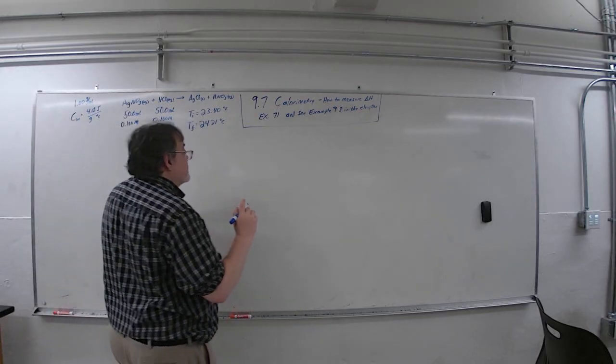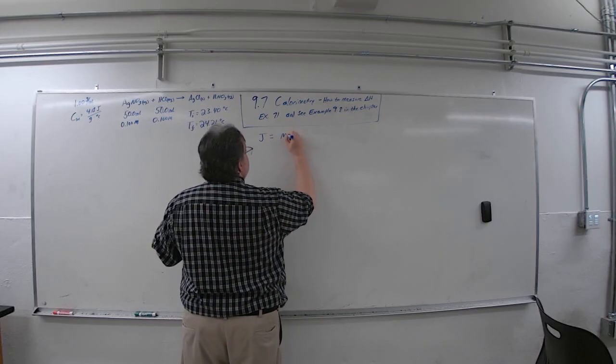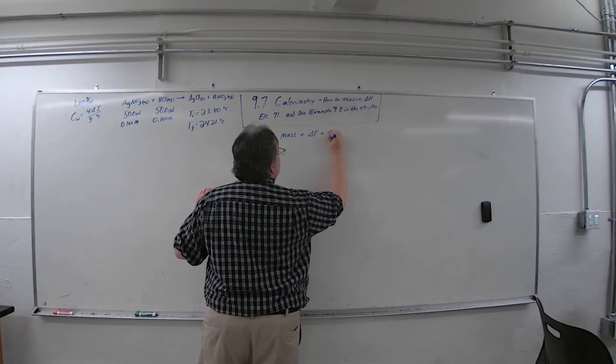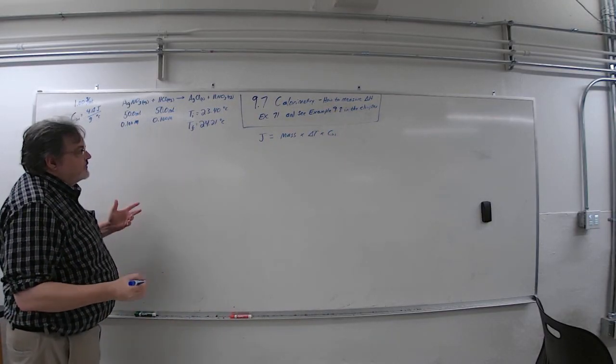What you need to know is the calculation to find the joules is mass times delta T times the heat capacity of the solution. So we'll do that first.